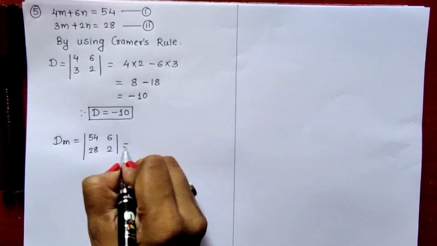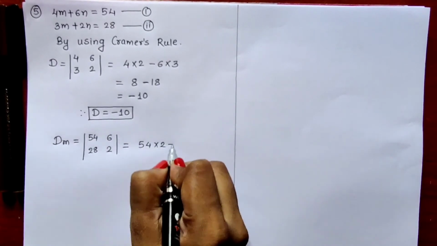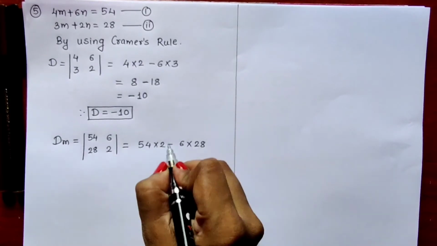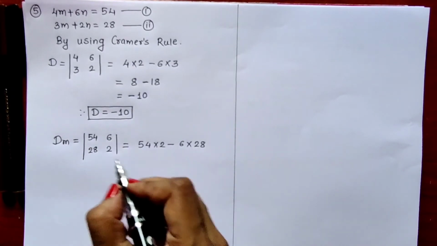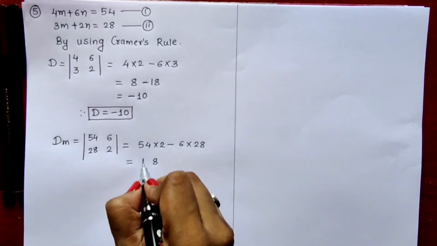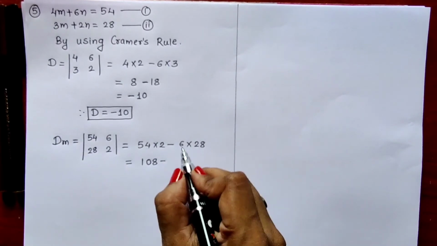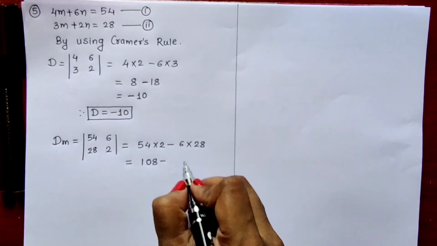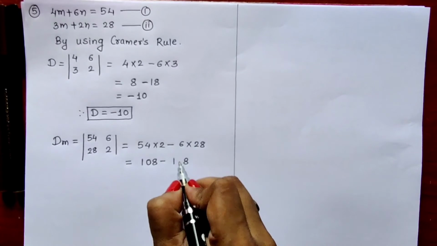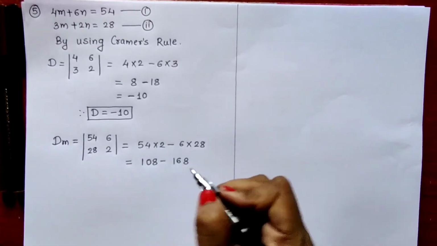Now cross multiply 54 into 2 minus 6 into 28. 54 into 2, 2 4s are 8, 2 5s are 10, 108 minus 28 into 6, 6 8s are 48, 8 written, 4 carrying, 6 2s are 12, 12 plus 4 is 16, 168.